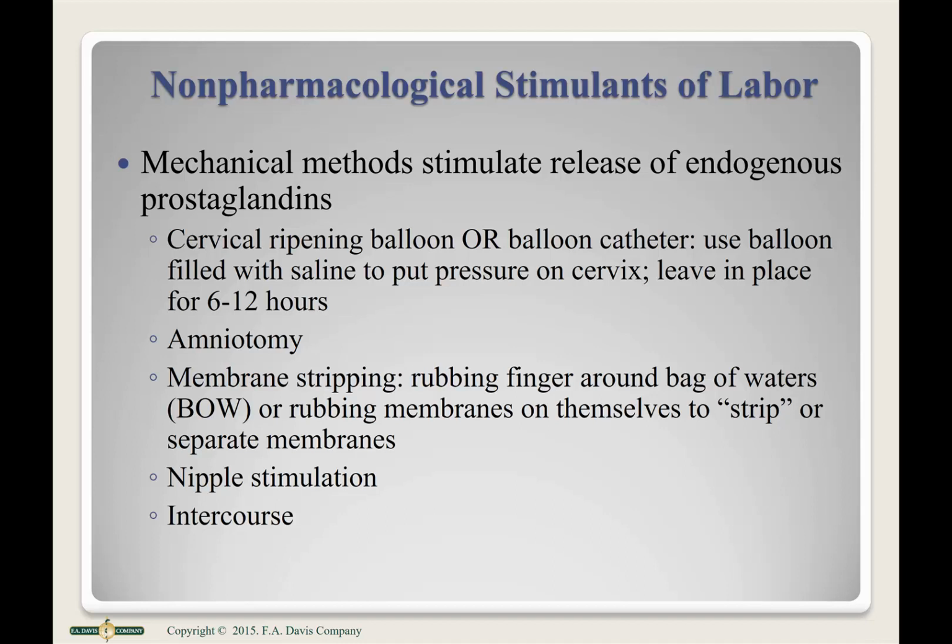So a cervical ripening balloon, you stick this catheter up through the cervix. Okay, the cervix really doesn't even have to be dilated. You can push this little catheter through the cervix, and then it gets into the uterus. We're not going into the amniotic membrane with this, okay? We're just going into the uterus, not the amniotic membrane with the baby. So we go right through the cervix, and we inflate a balloon.